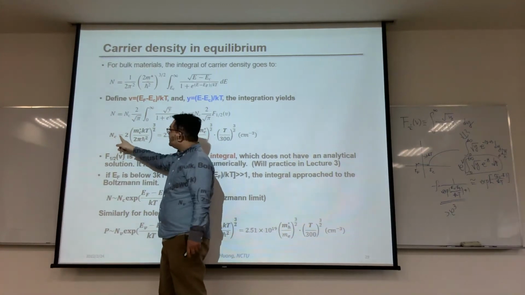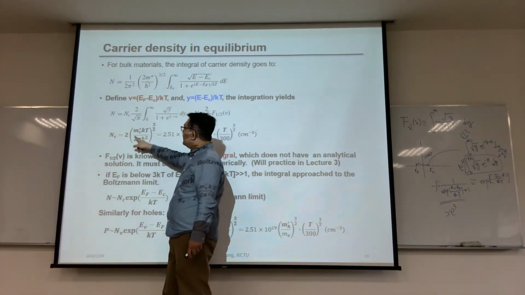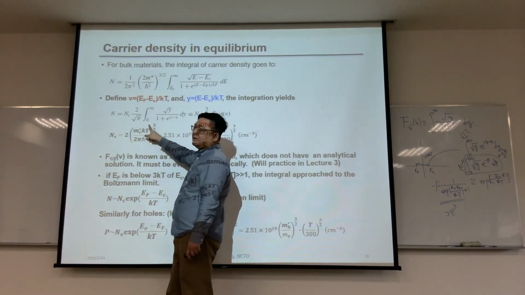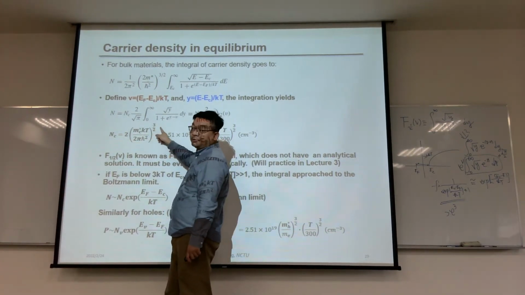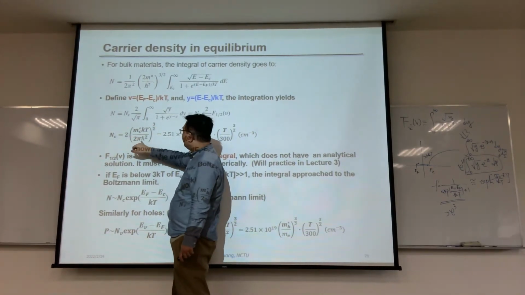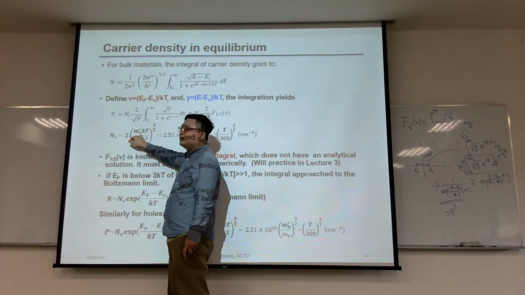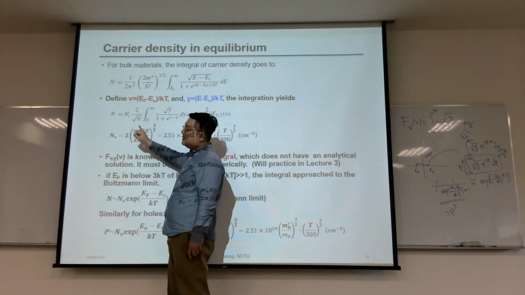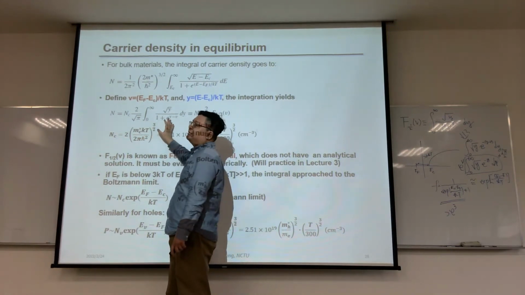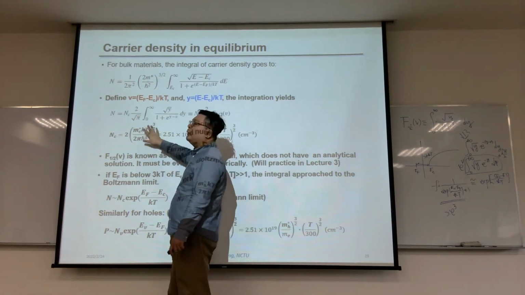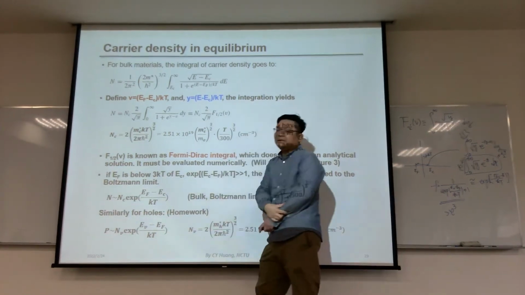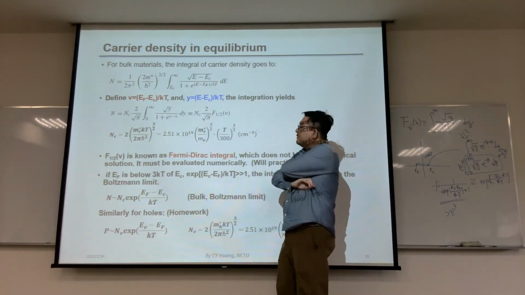Nc is equal to 2 times m kT divided by 2 pi h bar squared, to the power 3 over 2. This is a constant, since the only variable here is the effective mass. And the temperature is also a constant; at least for this class, we always assume T is 300 K, since it's not yet the purpose of studying thermal physics.